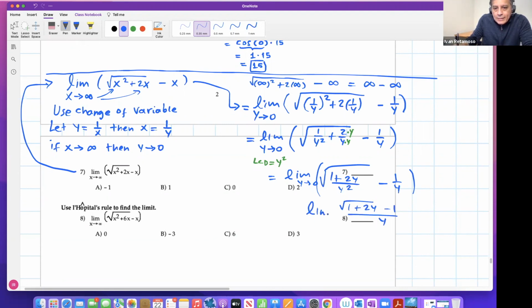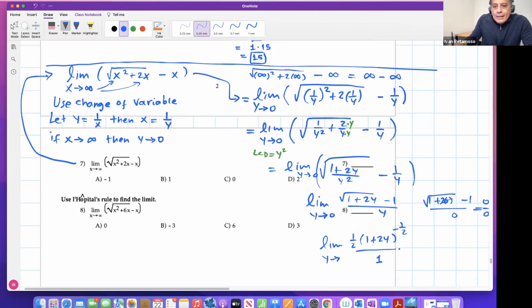This is the limit as y approaches 0. Now, if you substitute 0 there, you will get the square root of 1 plus 0 minus 1 over 0. This is 0 over 0, so I can apply L'Hopital and take derivatives. The derivative of this guy will be 1/2 times 1 plus 2y raised to minus 1/2, and the derivative of the denominator is 1.